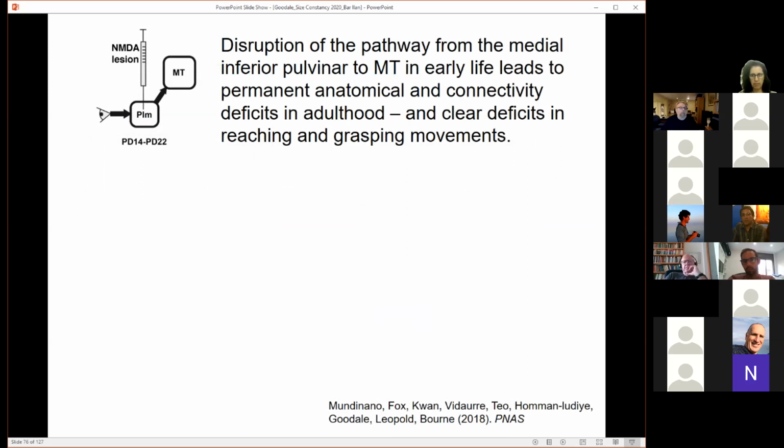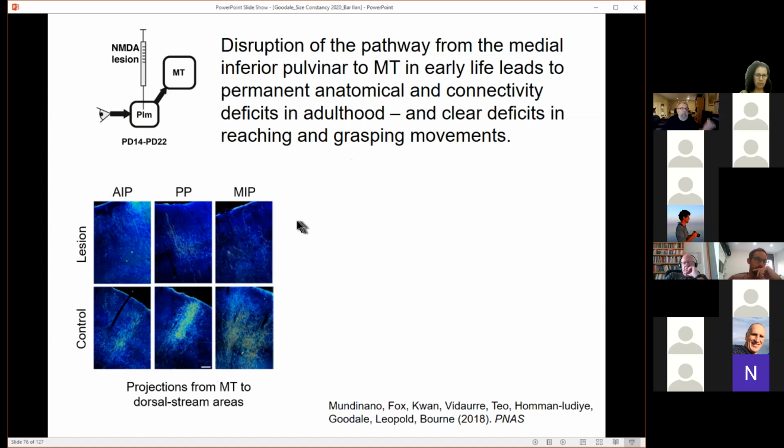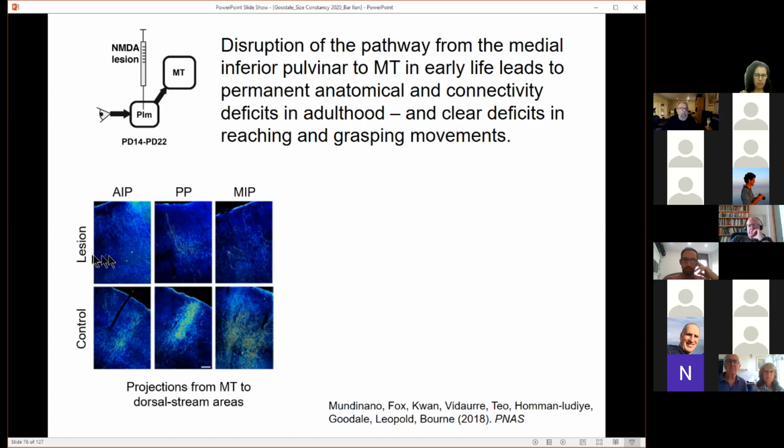And when you do this, you can see the pathway that goes from MT up into the posterior parietal cortex on the lesion side just doesn't appear. It's well formed on the control side, but absent on the lesion side.